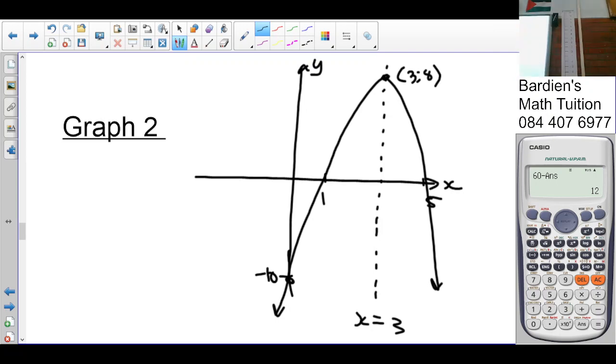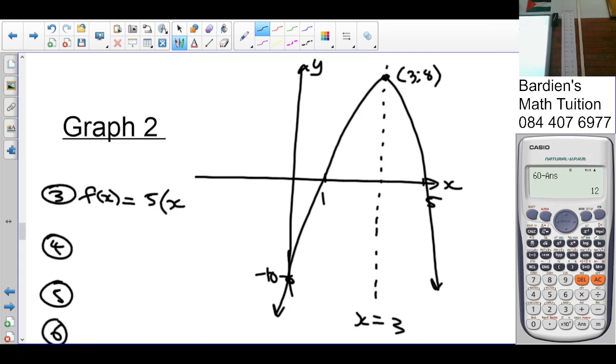Right, for homework, you draw for me the following graphs. Name them graph 3, 4, 5, and 6. So you have f of x equals 5 into x plus 1 squared minus 20.